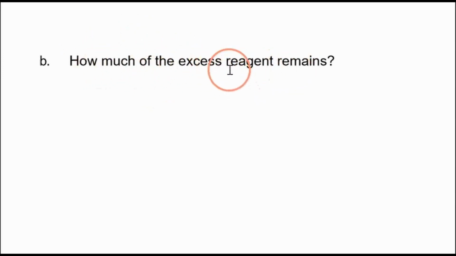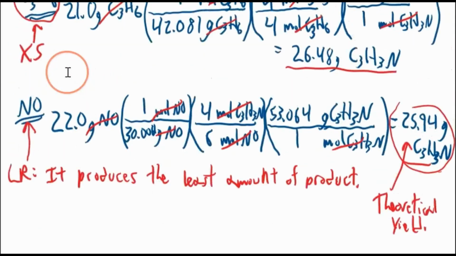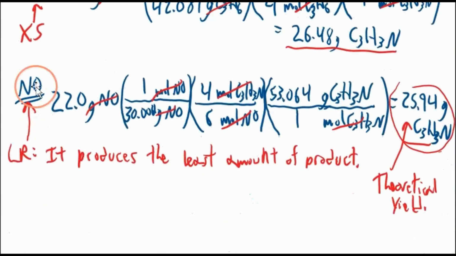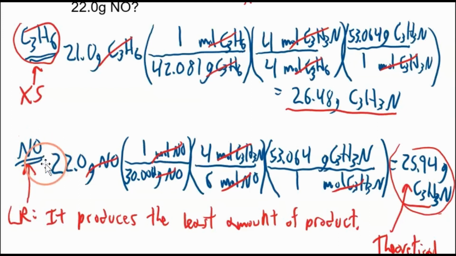Now the excess reagent is C3H6. That's our excess reactant. And we want to know how much of this C3H6 was used up. Well, our limiting reactant was NO. So this NO is going to react with some of this C3H6.